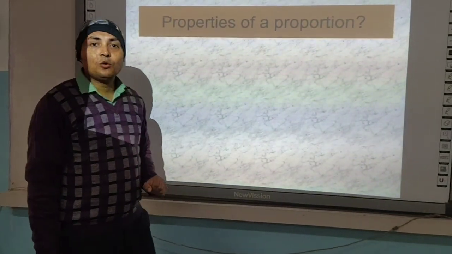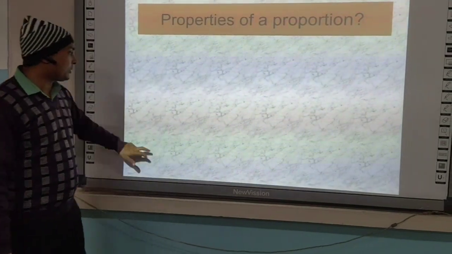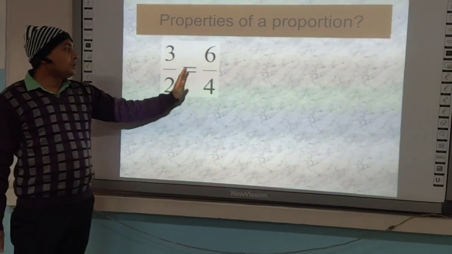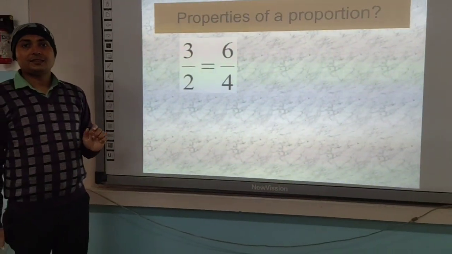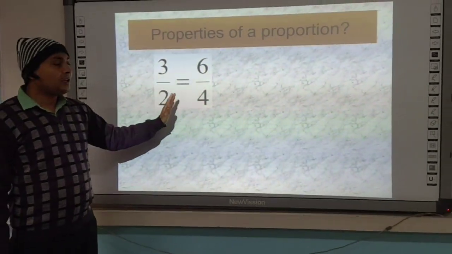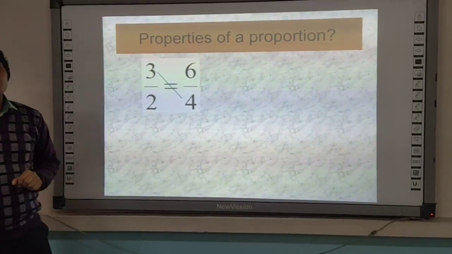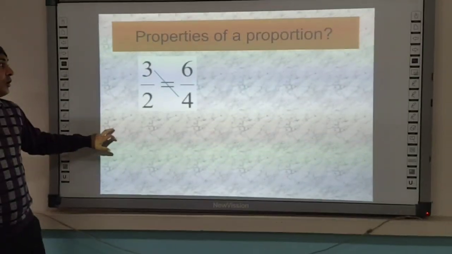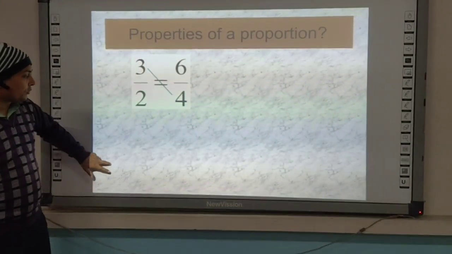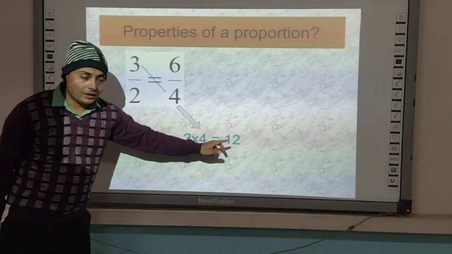Now we will discuss one property of the proportion. There are some other properties, but we will discuss one simple property. Suppose we have been given 3 by 2 is to 6 by 4. As they are in proportion, they are equal in their ratio. So how can we check? See, we will multiply them cross. 3 into 4 is equal to 12.